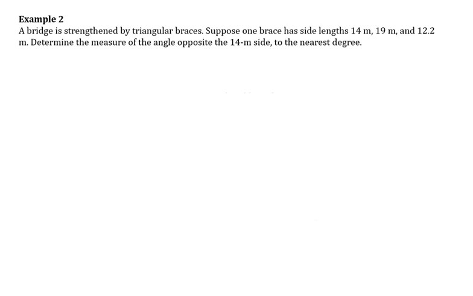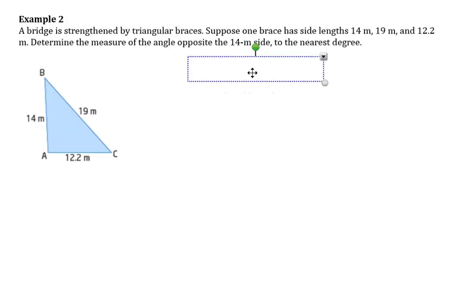In our second example, we have a bridge strengthened by triangular braces, and one brace has side lengths of 14 meters, 19 meters, and 12.2 meters. Determine the measure of the angle opposite the 14 meter side to the nearest degree. So what we want to do in this situation is draw our triangle, given the side lengths.